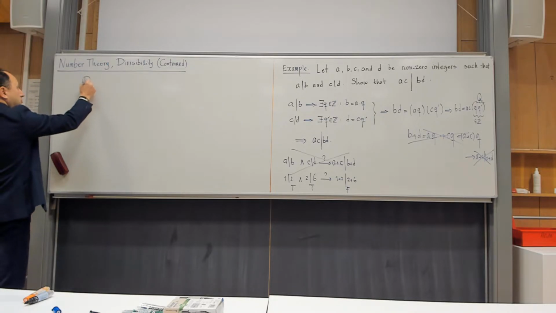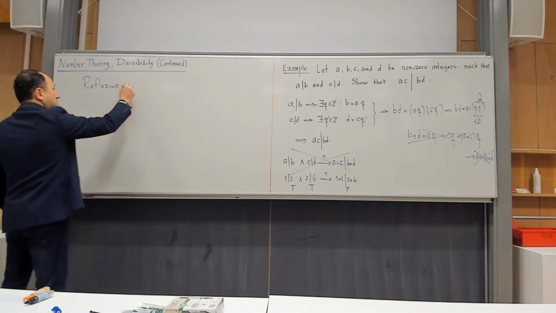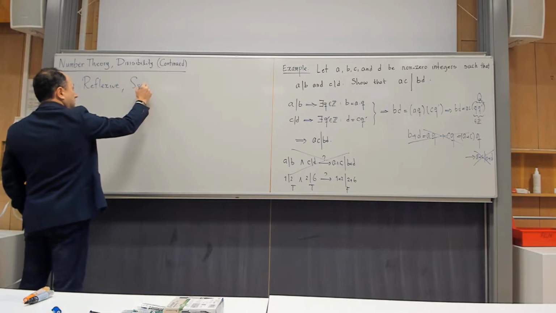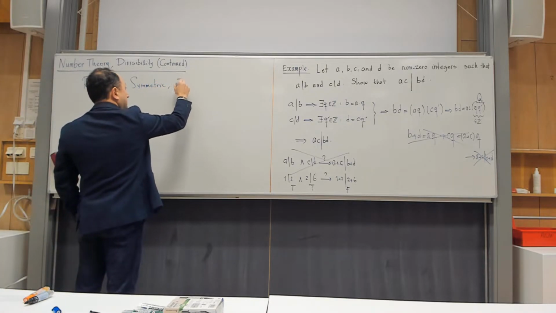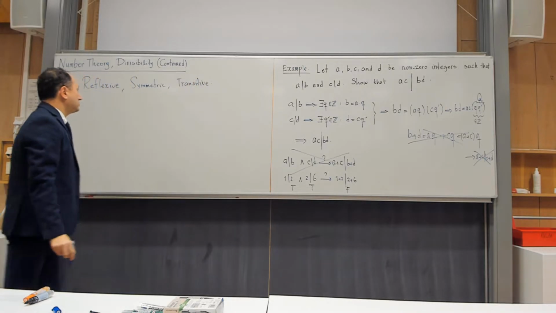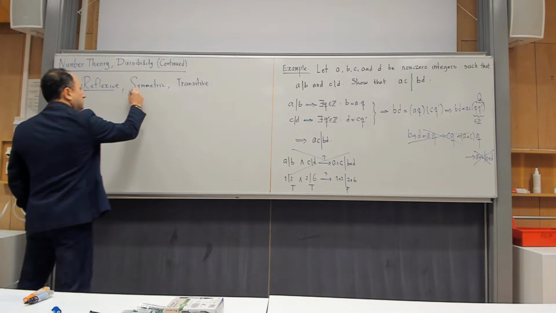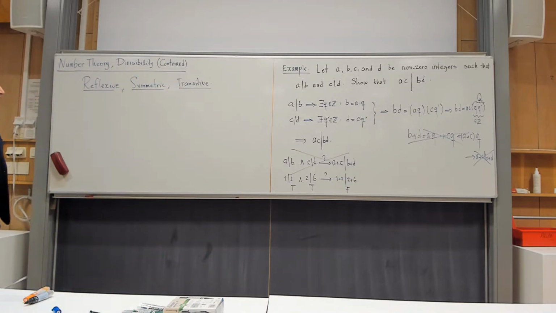So a relation could be reflexive. Yes, a relation could be symmetric. A relation could be transitive. Okay, so these are 3 words.